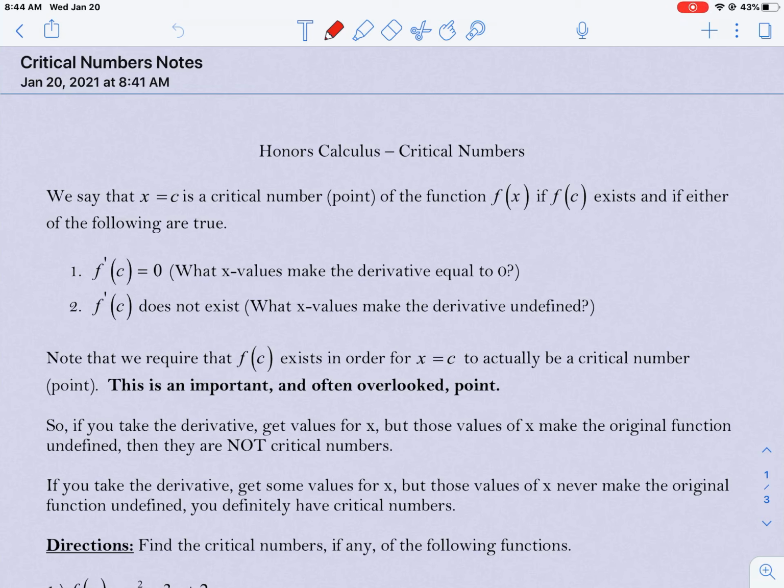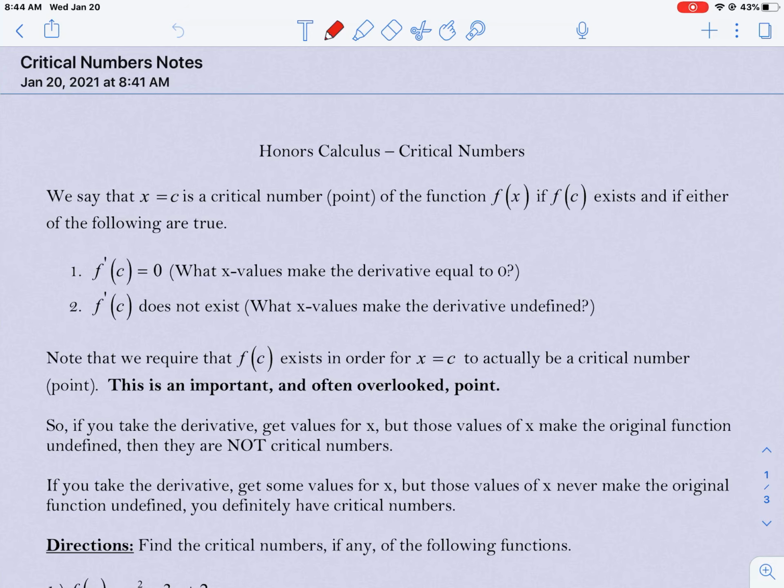We'll have an example of what we mean by that. But basically, you're setting the derivative equal to 0, or finding where the derivative doesn't exist, which means taking the derivative and making the denominator equal to 0. Those are your critical numbers, unless the situation I just described happens.